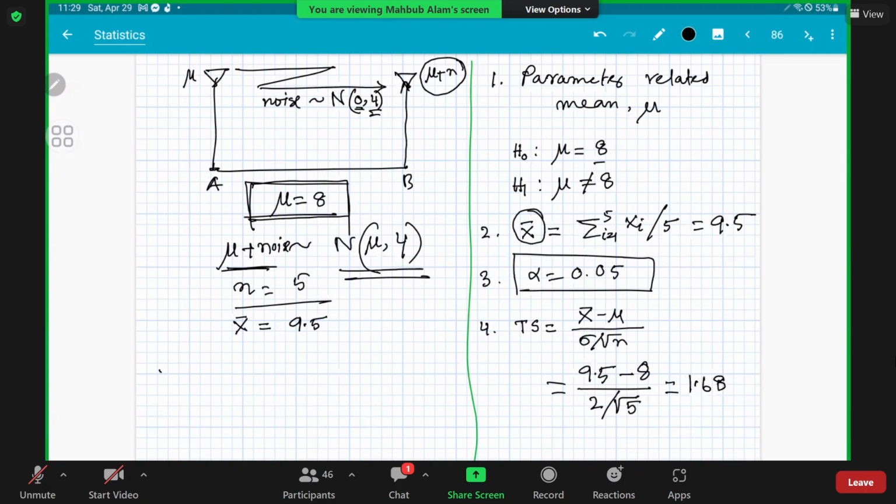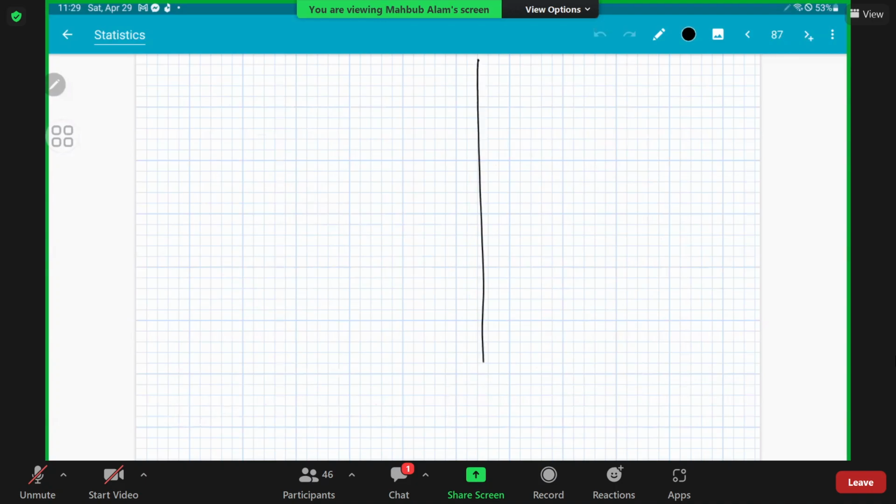So our next goal is to take the decision related to the test. Since alpha is equal to 0.05, we know Z alpha by 2 will be Z 0.025, which, following the table of the normal distribution, is 1.96.